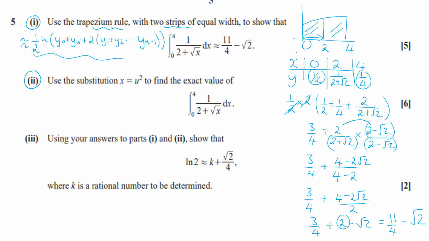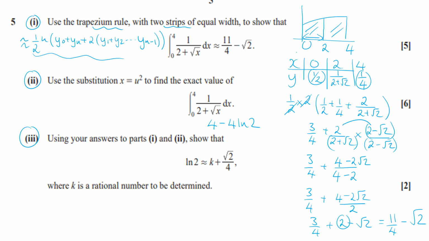I think that came out to be 4 minus 4 ln 2. So in part 3, use your answers to both those parts to say that ln 2 is going to be k plus root 2 over 4.